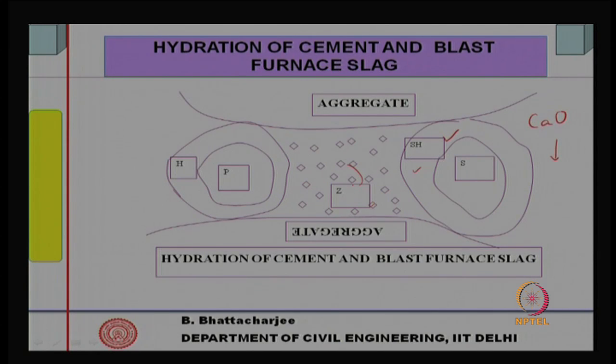So, the excess silica in slag converts the calcium hydroxide into CSH, which is more of a bonding or sealing material. Thereby, it provides better microstructure in terms of cementing property, and capillary porosity becomes lower.